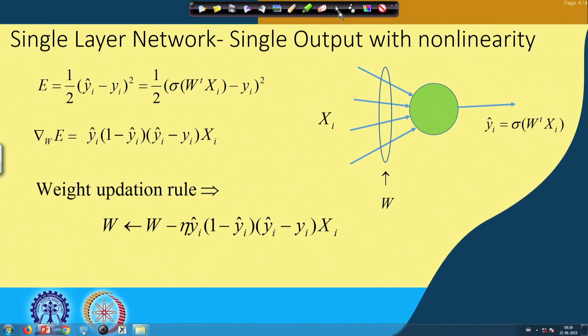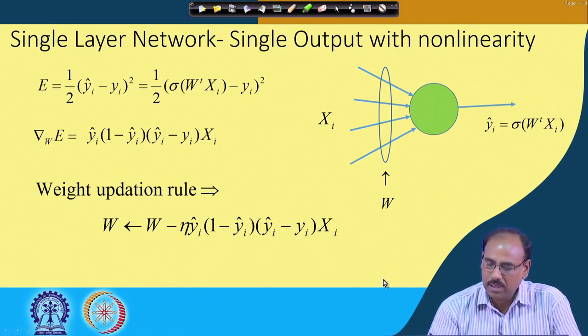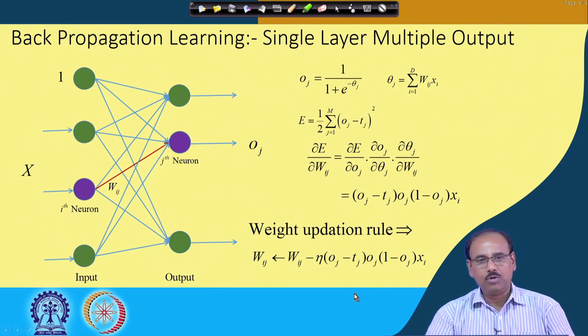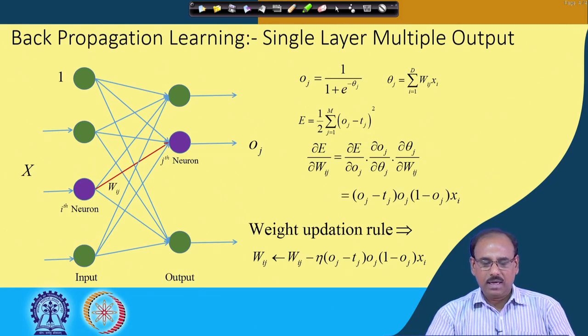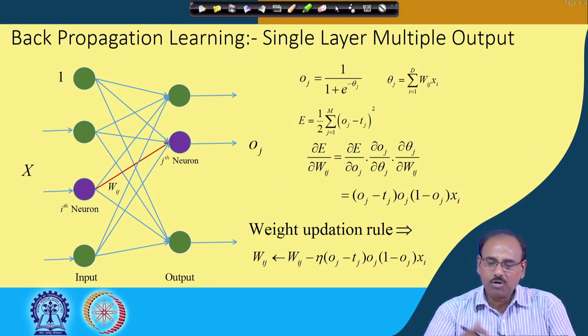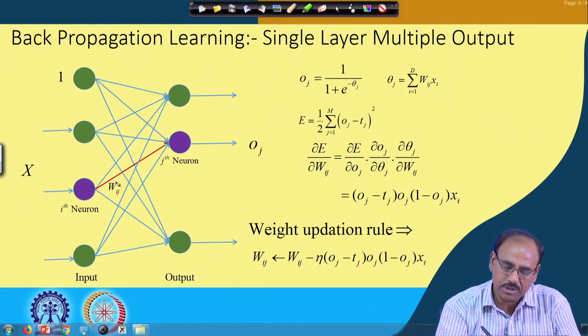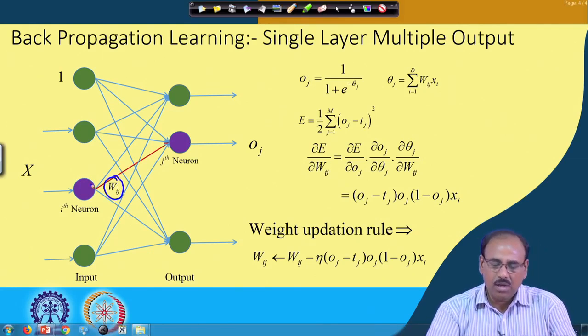Then we moved on to a single layer network with multiple outputs. When we have multiple outputs, obviously I have to consider a weight of the form w_ij. If I take the ith neuron in the input layer, it is connected to the jth neuron of the output layer through a connection weight given by w_ij.